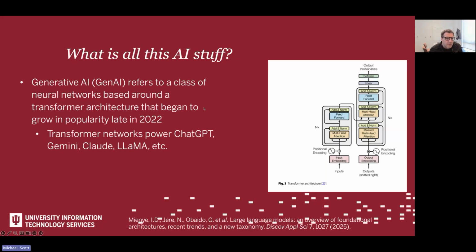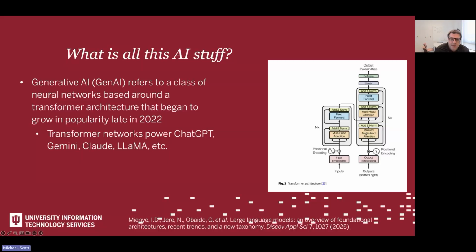Okay. So like I was saying, one of the first applications that was widely used was image classification. But then when we come to generative AI, that is a set of models built upon a neural network arranged around the transformer architecture.